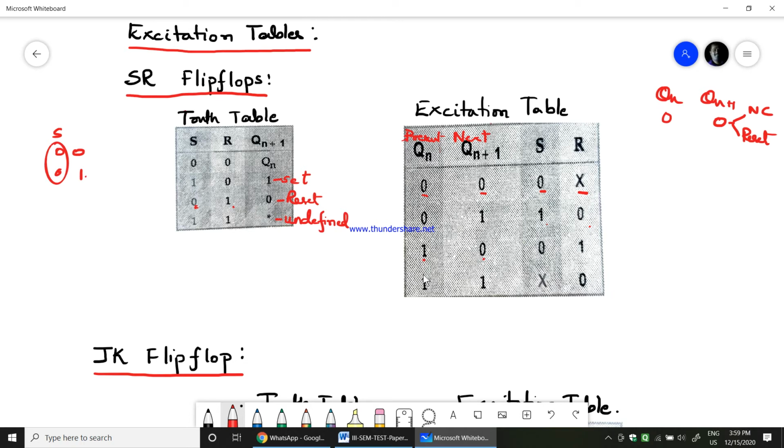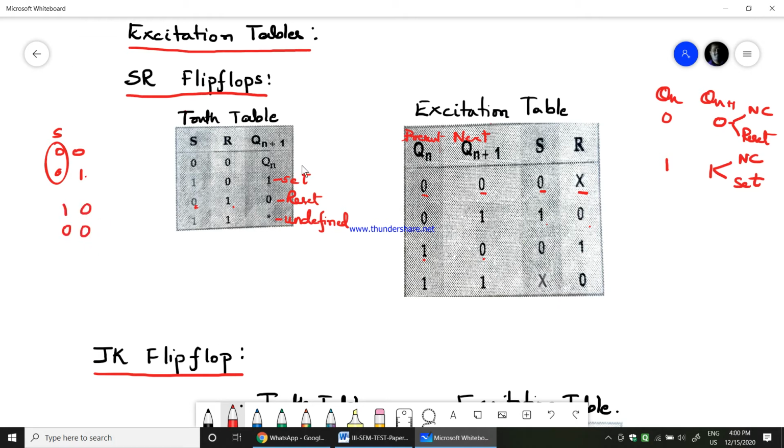Whereas coming to present state 1 and next state 1, this can happen in two different conditions. One condition is no change, the other condition is set. So this happens when S and R is 1 0 and 0 0.